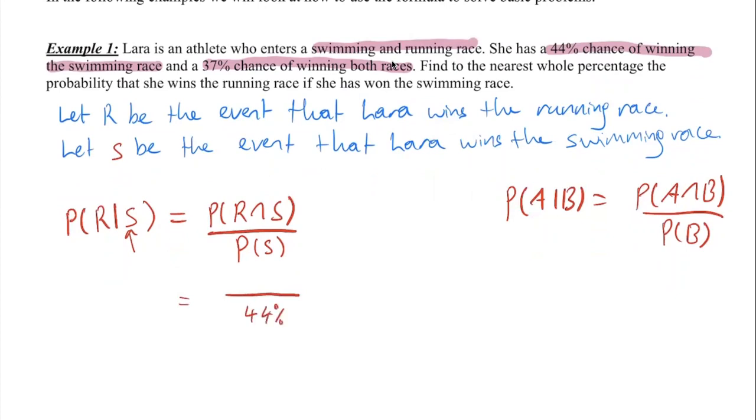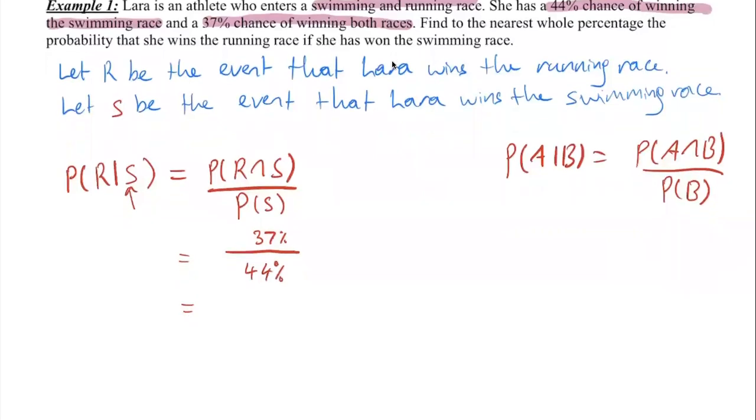And then she has a 37% chance of winning both, 37%. What I do is calculate this and put it into decimals. So 0.37 over 0.44.